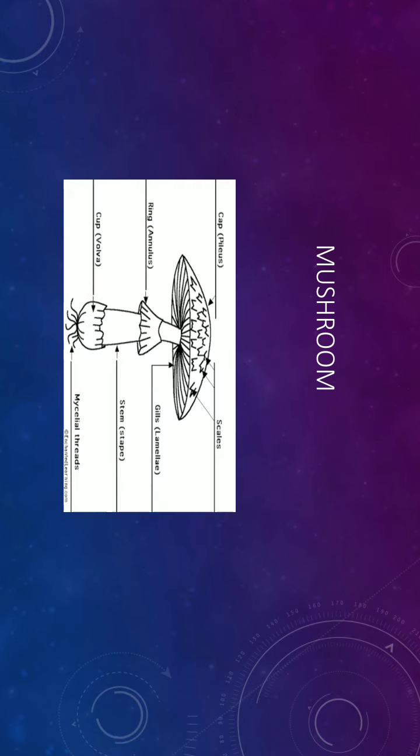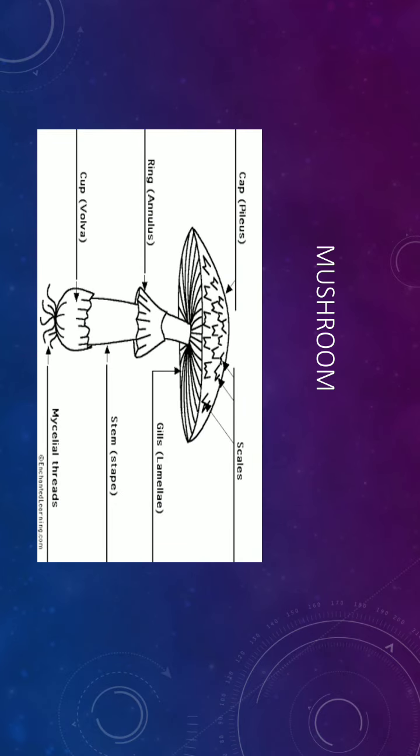Now next is mushroom. The detailed structure of mushroom also we should know. Some mushrooms we can eat and some mushrooms are poisonous, but more or less the structure is similar. You can see this is the cap of mushroom.